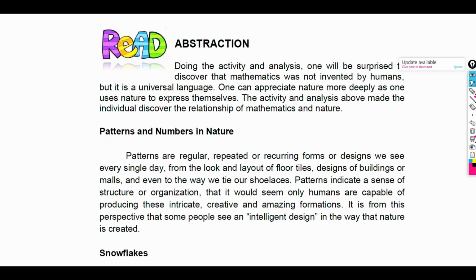So right after the analysis, making the summary, you will start reading the abstraction. Actually, this is like an answer key of your previous activity, but you are discouraged to read this and use this as your answer to your previous activity.